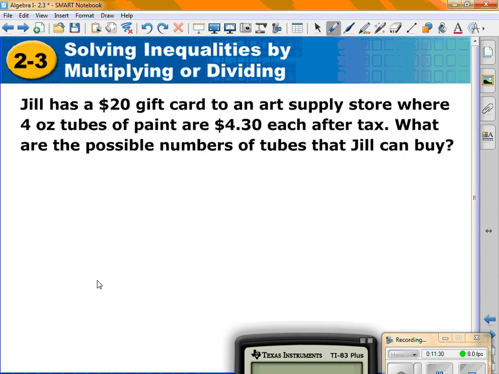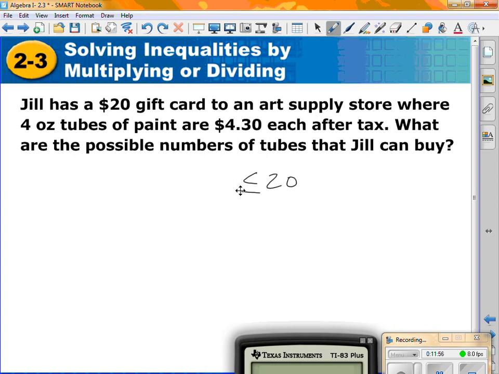So the first thing I do is set it up. What do I know I have total? $20 is the total. That is my maximum. Since that is my maximum, what does that tell me? It has to be less than or equal to. I can't go above that, but it can equal that. What do I know about my tubes of paint?